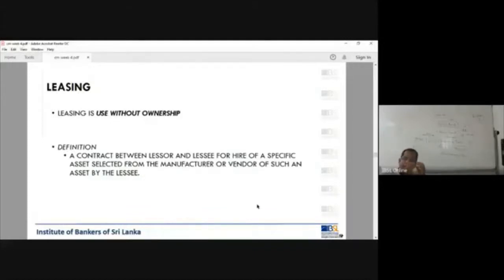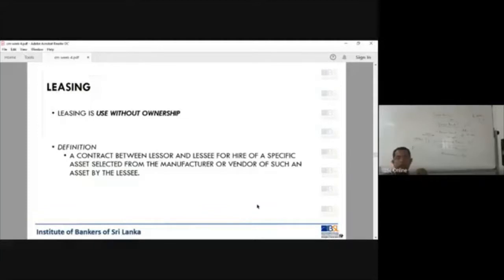This is the definition for a financial lease. The lessee has selected the vehicle. The lessor has paid for and purchased the vehicle or the asset. The lessee will be using it. Since he is using it, he has to pay a monthly commitment for a specific period of time.